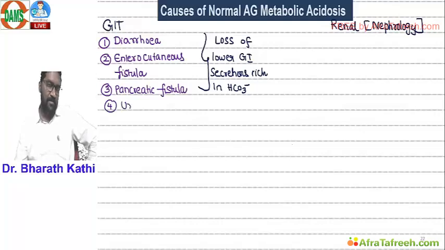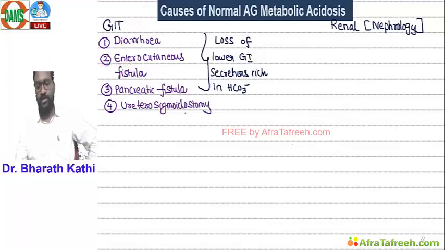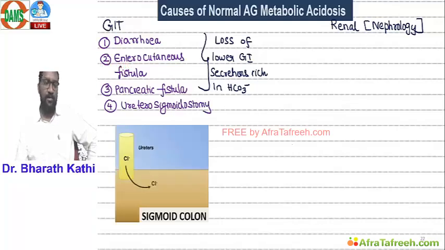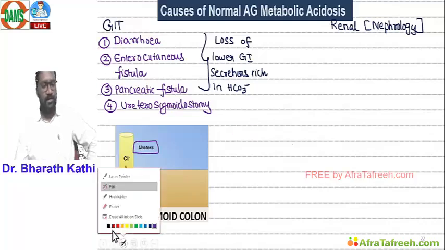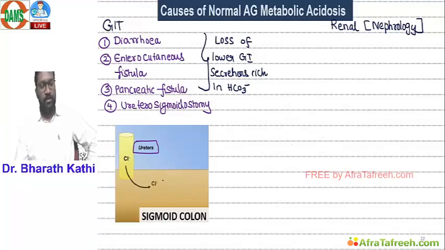Next is a surgery. This is a separate mechanism. Ureterosigmoidostomy. Now, when do you do this surgery? When there is bladder carcinoma, your ureters cannot drain into the bladder. We bring the ureters and connect them to the sigmoid colon. What do ureters contain? Urine. What does urine contain? Chloride.